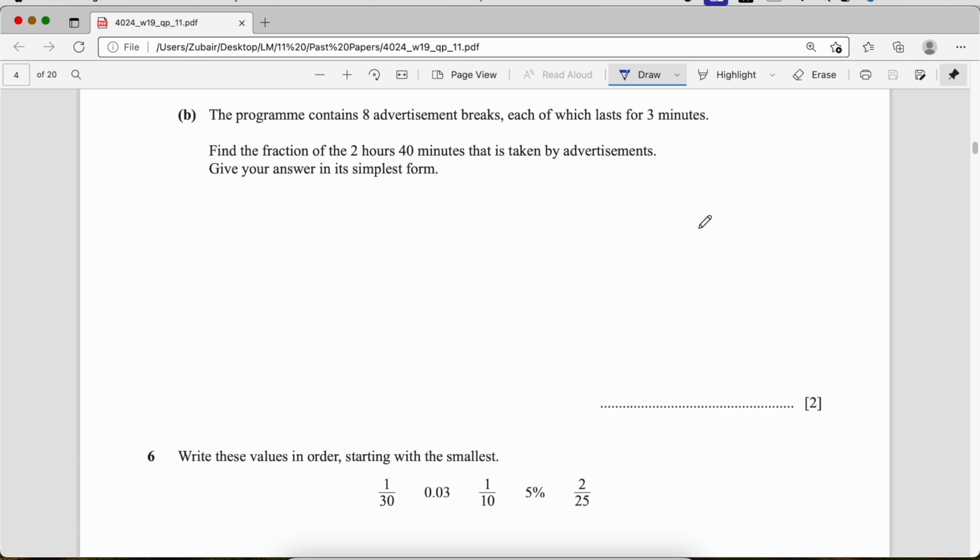The program contains 8 advertisement breaks, each of which lasts for 3 minutes. We have 8 breaks lasting 3 minutes. Find the fraction of 2 hours 40 minutes that is taken by advertisements. So first of all, 8 into 3, 24 minutes are taken by the advertisements, and the total is 2 into 60 plus 40, 120 plus 40 is 160.